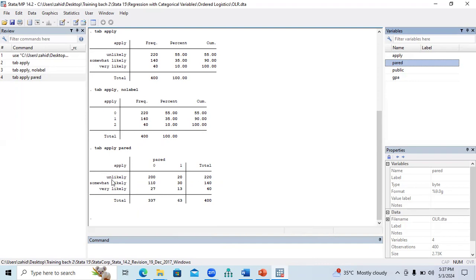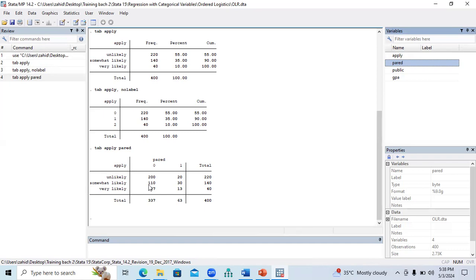Now it is showing that 200 people who are unlikely to apply have parents who have no graduate degree, both parents having no undergraduate degree, while 20 students who are unlikely to apply for admission have at least one parent, whether father or mother, with at least an undergraduate degree.